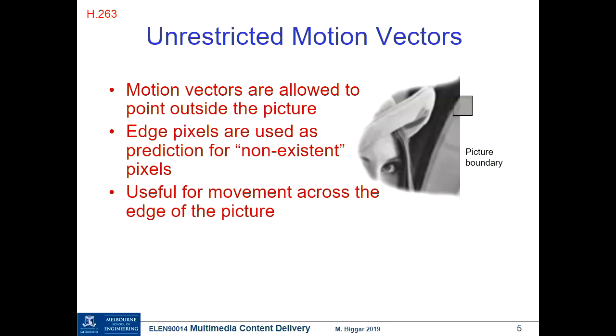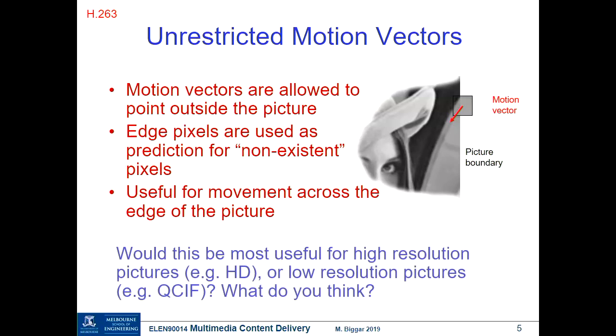And if it's useful, then you can use that as a prediction, right? So you can define a motion vector like this. I'm not sure if this is a tremendously important point, but we might as well talk about it. Do you think this would be most useful for high resolution pictures, like high definition, or low resolution pictures? High resolution. Why?